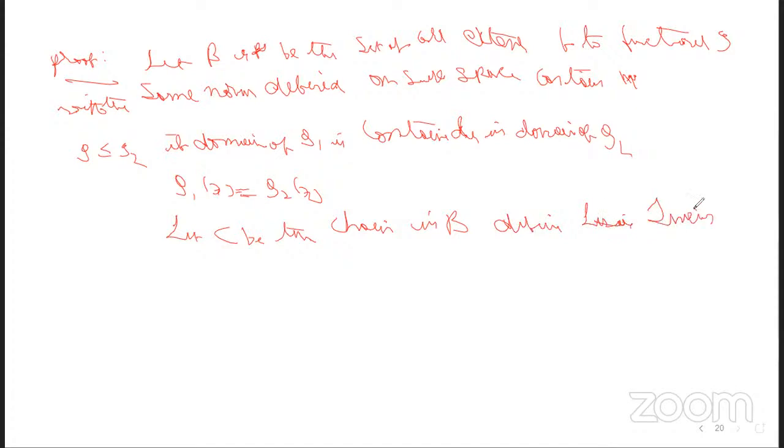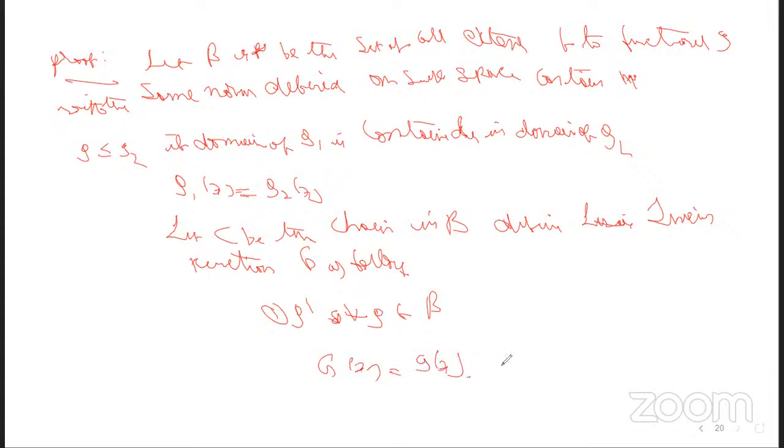The domain of G is the union of the domains of g for all g belonging to C. For x in the domain, define capital G of x equal to small g of x, where g belongs to C.